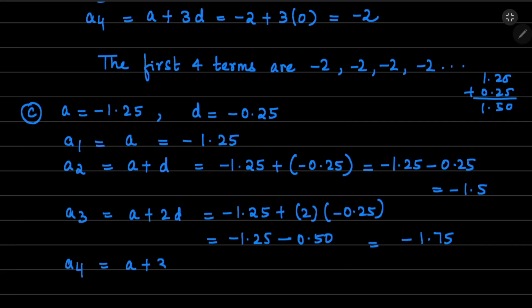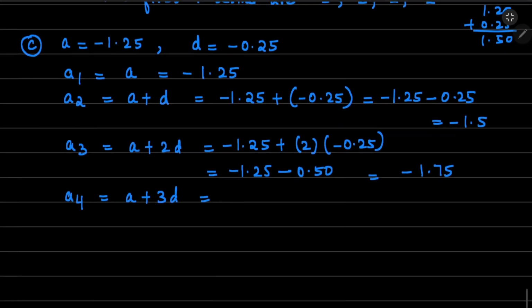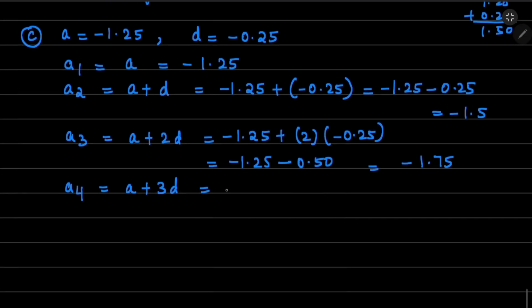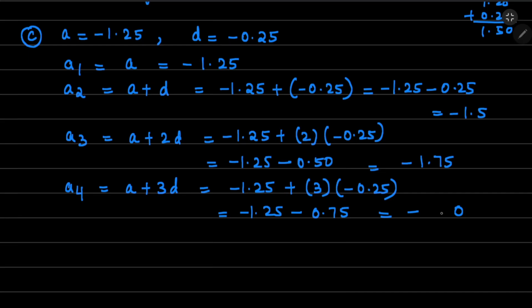So this is A plus 3 into D. Provided you know A and D, you can calculate any term. So A is nothing but minus 1.25 plus 3 multiplied by D, which is minus 2.5. So this is minus 1.25 minus 0.75. So when you add them, you will get minus 2.